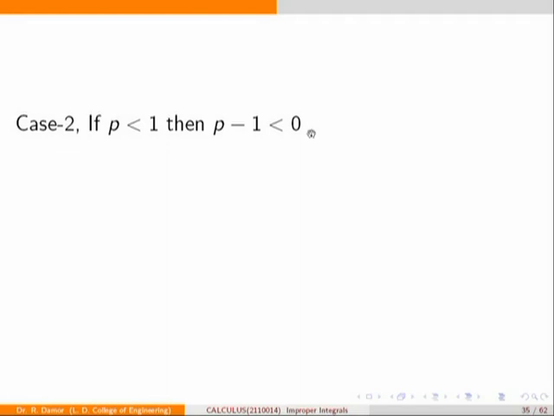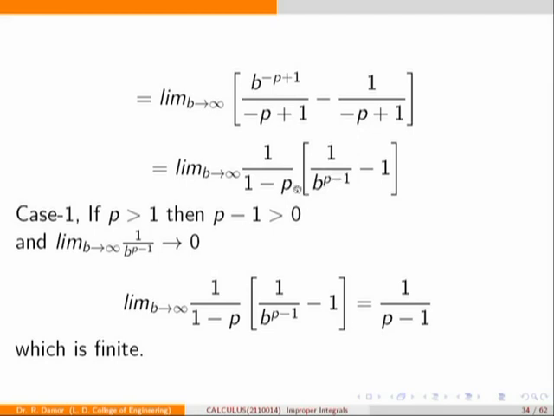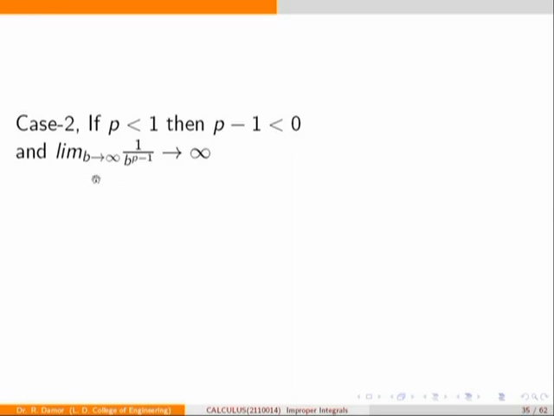So this term has a negative power, so it goes to the numerator. As b tends to infinity, this goes to infinity. See this limit as b tends to infinity of 1 upon b to the power p minus 1.